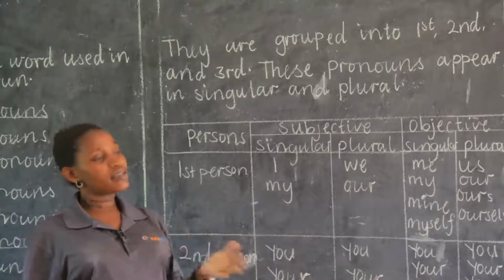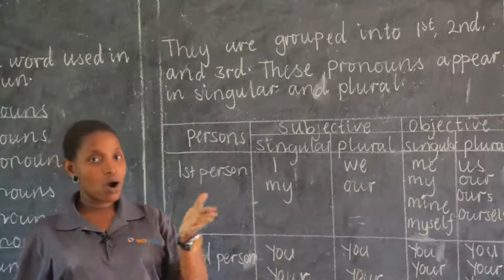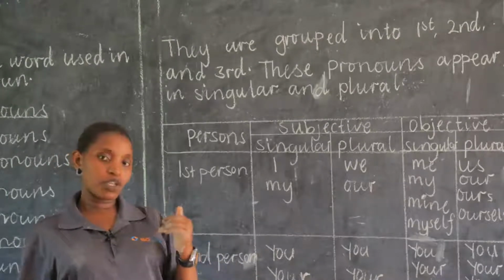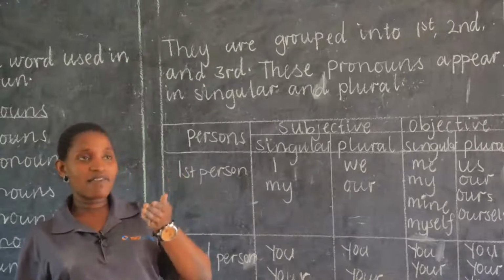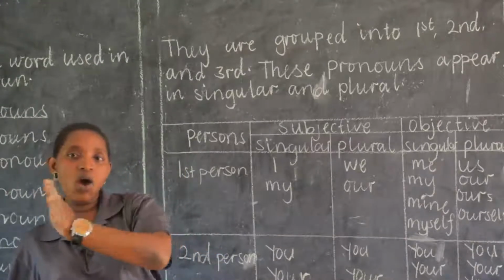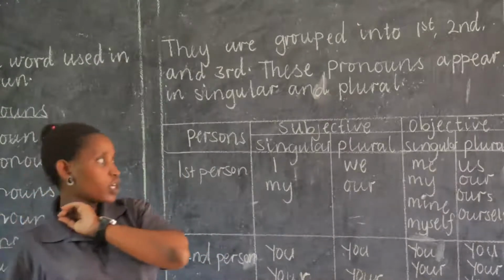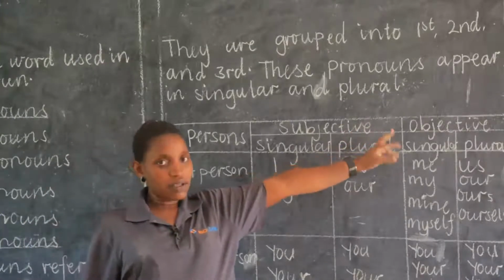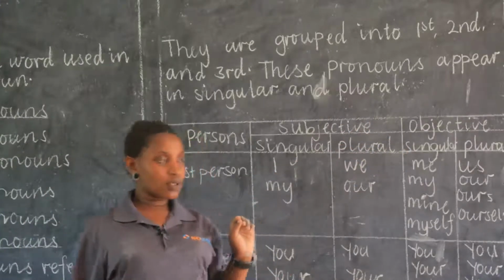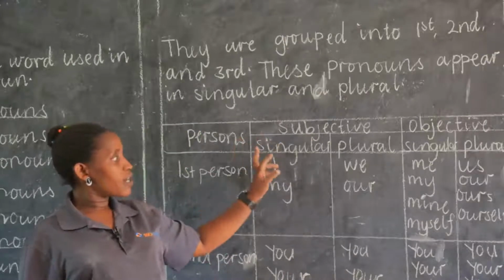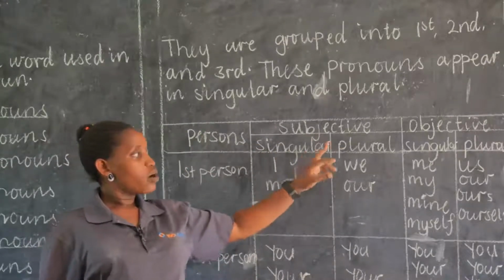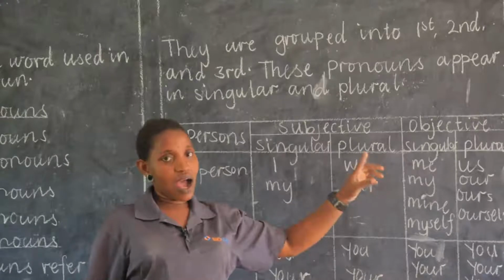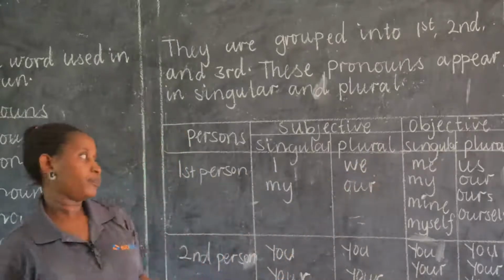For example, when I say Paul, Paul is now the subject. Paul is having a book. Now a book is the object. Those are the objective pronouns. Subjective pronouns have singular and plural. Objective pronouns have singular and plural.